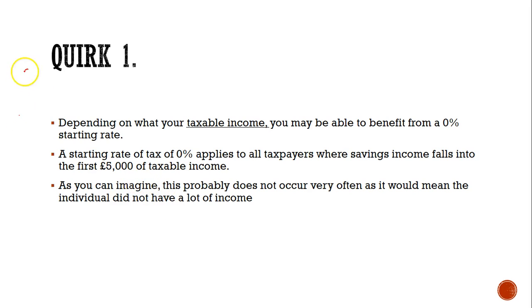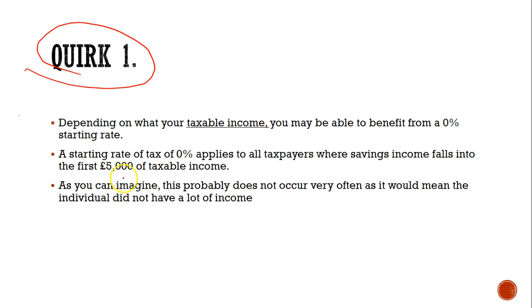Now, the first quirk that I've put here, I just put quirk to maybe stimulate some way of remembering the oddity of it, is this idea of this year. This is the first year it's been introduced. When I say the first year, Finance Act 16, this idea of a starting rate.